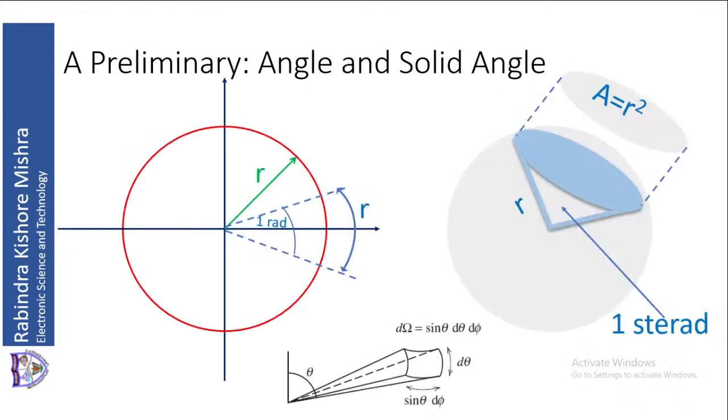So d omega is the elemental solid angle, equal to sin theta d theta d phi. If you want to find the solid angle due to the complete sphere, it will be the integration of d omega over theta and phi. If you integrate it, it will give you 4 pi. So omega will be 4 pi for a sphere.